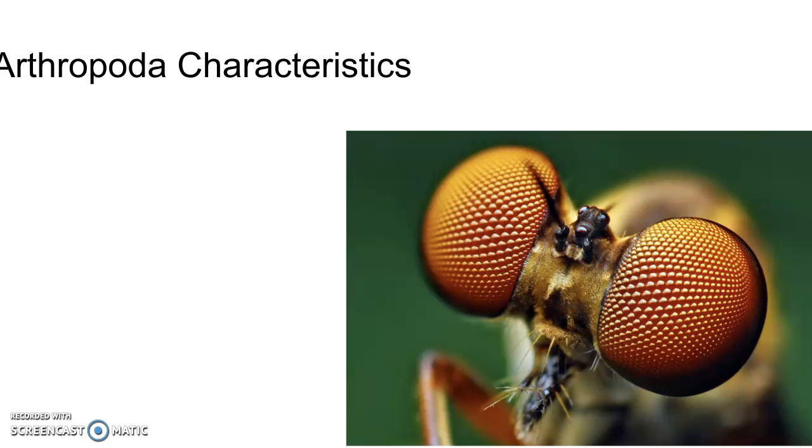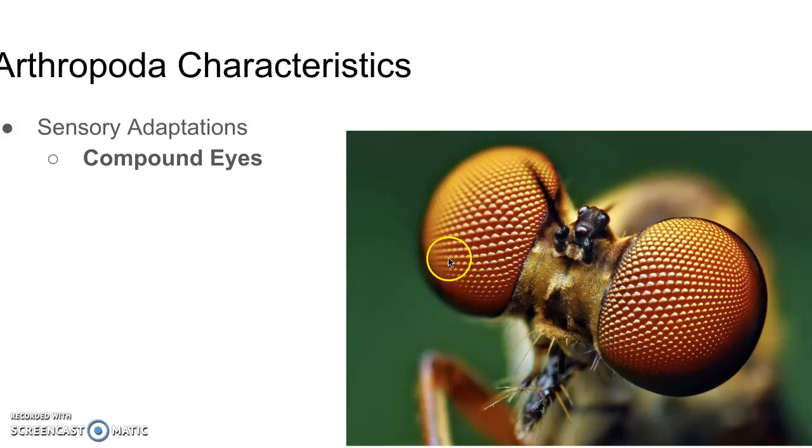Another characteristic is their eyes. So they have these sensory adaptations that are really cool. One of them is the eyes, and they typically have two very large eyes. This is not always the case. These large eyes are called compound because they have multiple lenses inside one eye, and that causes the image to be blurry, but it allows them to react very quickly to motion.